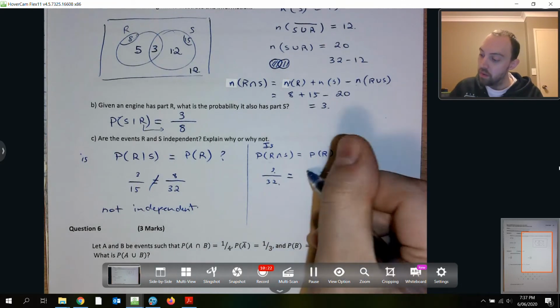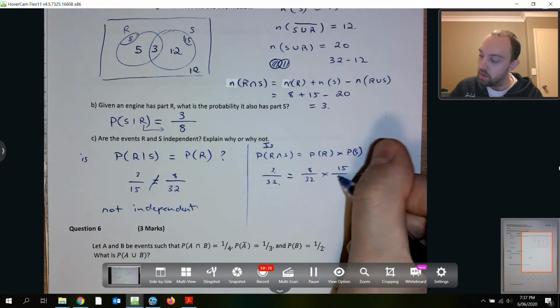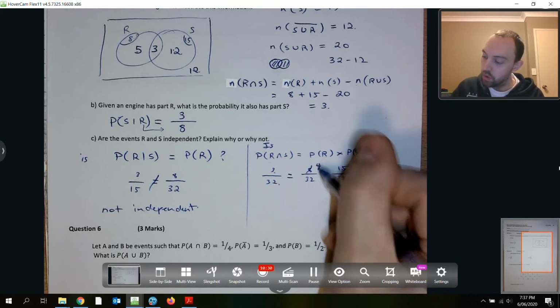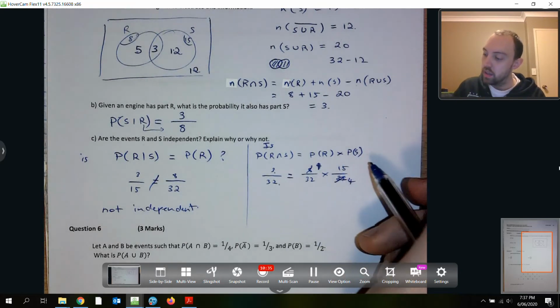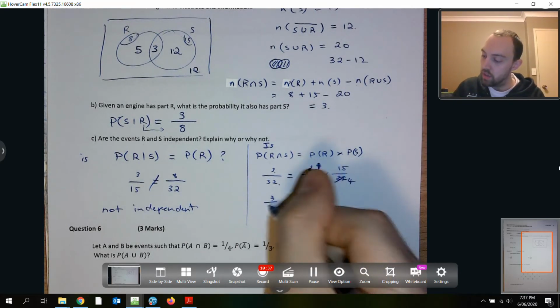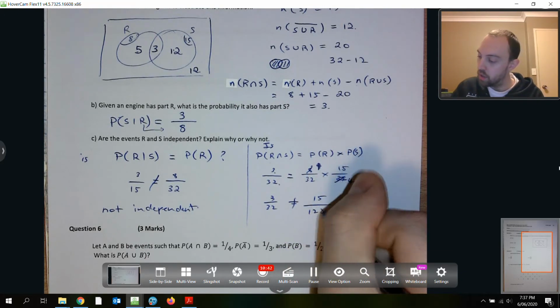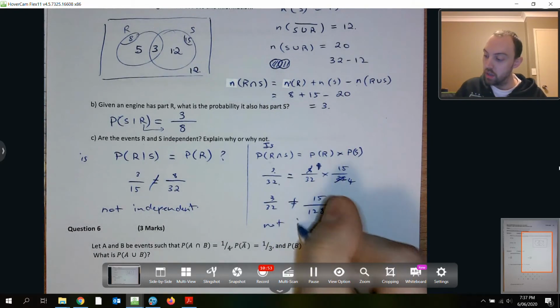Probability of R is 8 out of 32. Probability of S is 15 out of 32. 3 out of 32 is not equal to 120 over 1024. So, they are definitely not independent.